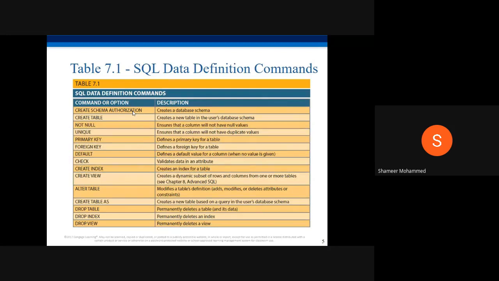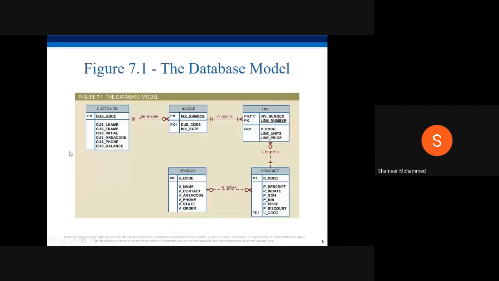Now to exercise these commands, you understand this is the model. This is the picture of the database. So what is this? Customer is placing some order. That order contains some products, and those products are supplied by a supplier, the vendor. See, this order will flow like this.